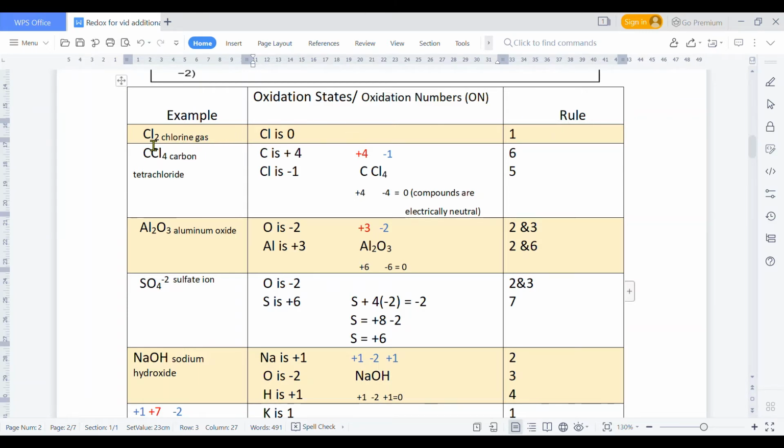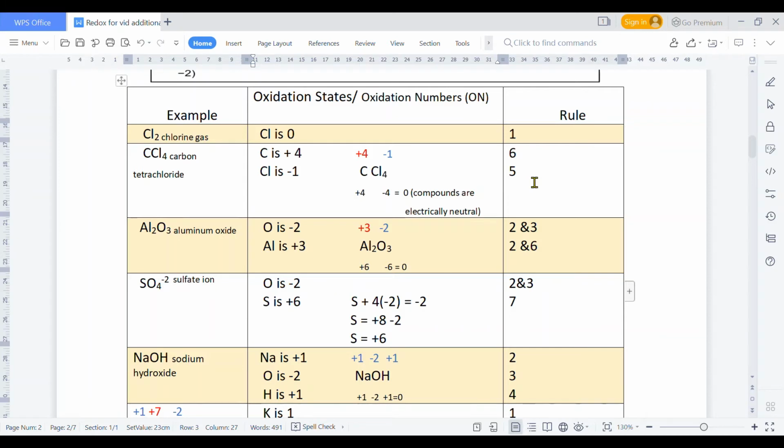Number 1 here is chlorine gas. Using rule number 1, chlorine is 0 because the oxidation state of an uncombined atom of an element is 0. Next, carbon tetrachloride. We use rule number 6. Compounds are electrically neutral.